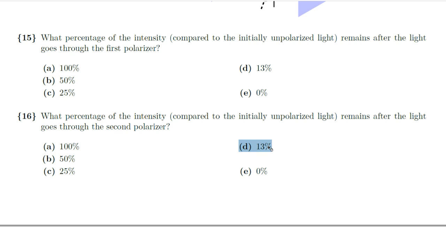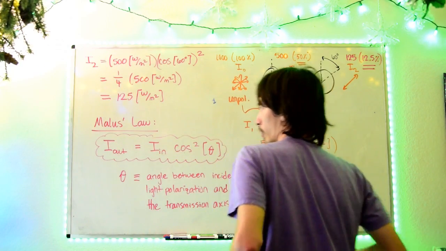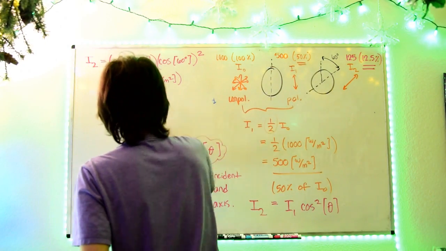And then another question is, could you show how you mathematically got 12.5%? Absolutely. So actually, let me write that out here. Okay. So let me use this space to do it.